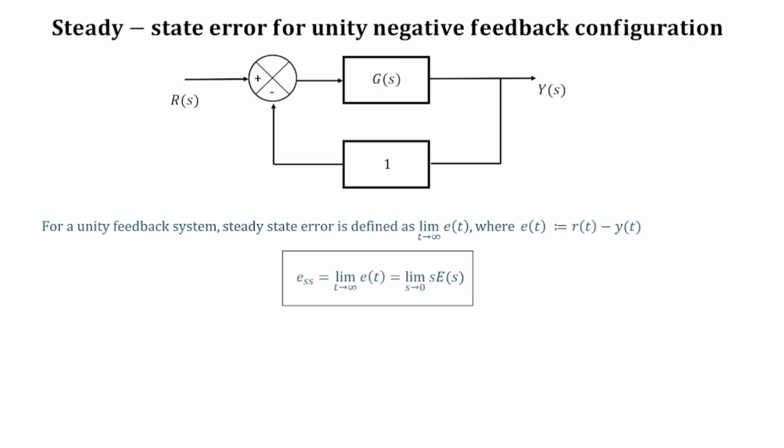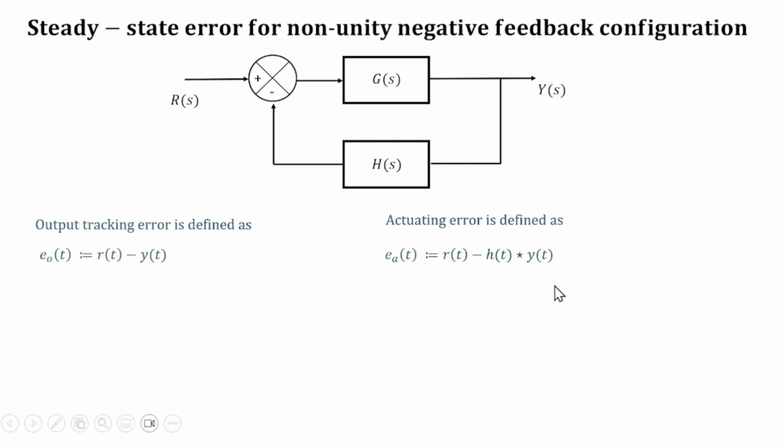Till now we were looking into the unity negative feedback configuration, and we had defined that steady state error is this. Now, what if we have a non-unity negative feedback configuration? In this case, the error coming at this point is no longer r(t) minus y(t).